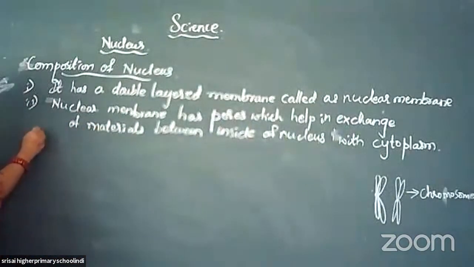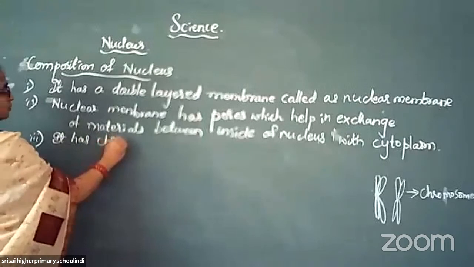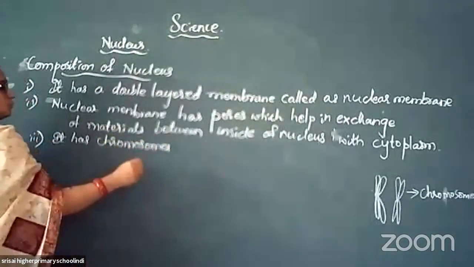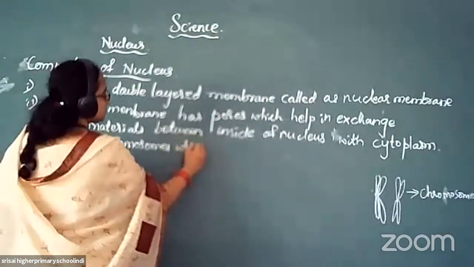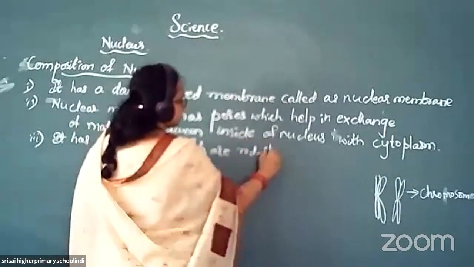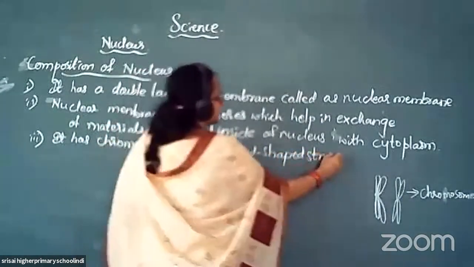Third composition: it has chromosomes, which are rod-shaped structures.